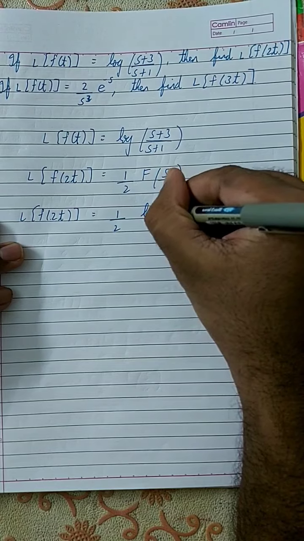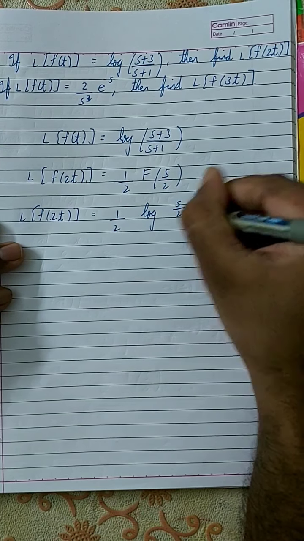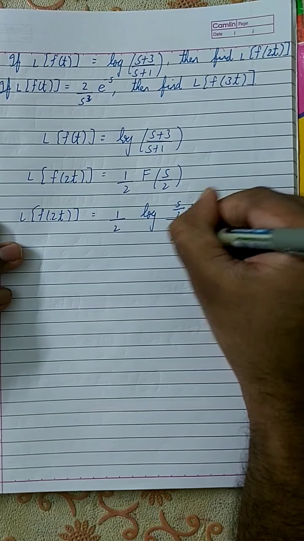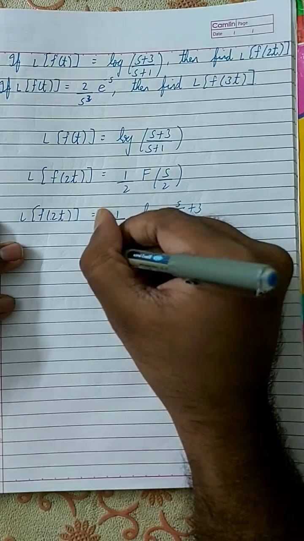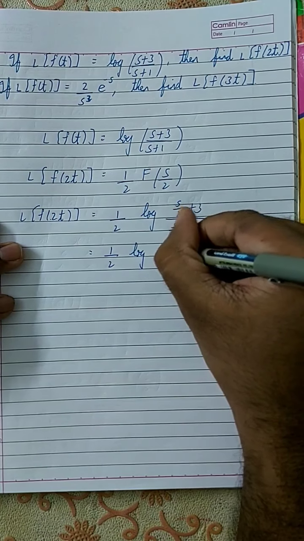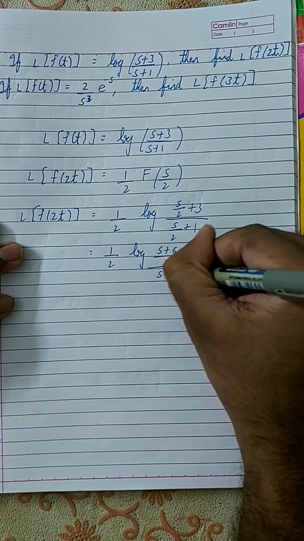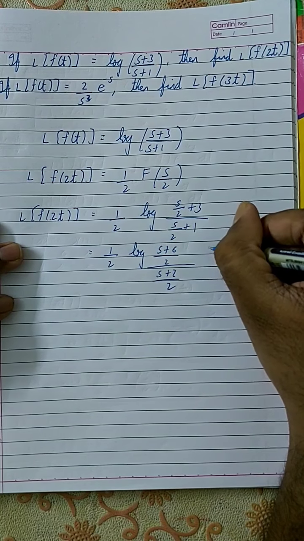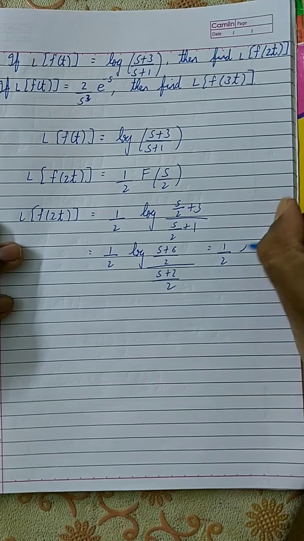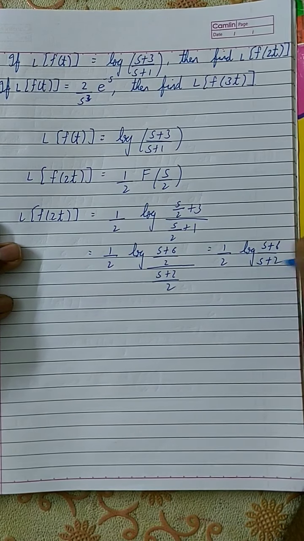So it will become 1 by 2 into log of (s by 2 plus 3) by (s by 2 plus 1), which is nothing but 1 by 2 into log of ((s plus 6) by 2) by ((s plus 2) by 2), which is equal to 1 by 2 into log of (s plus 6) by (s plus 2).